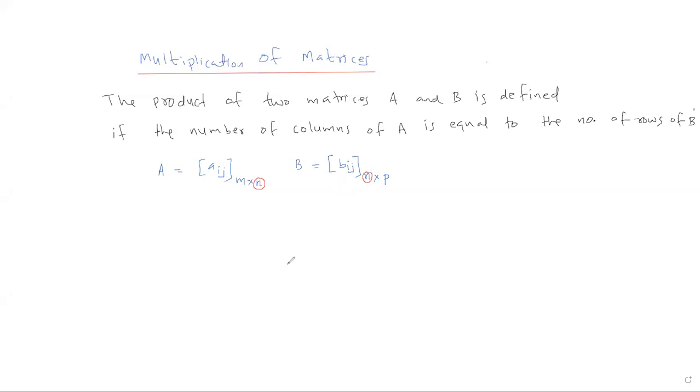Okay, so if you want to find A into B, now the question will come: sir, are A into B and B into A the same? That we will discuss.